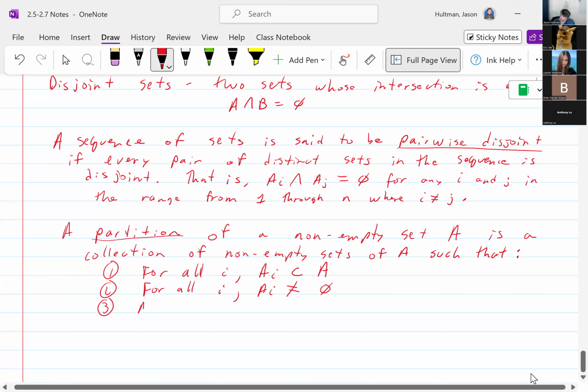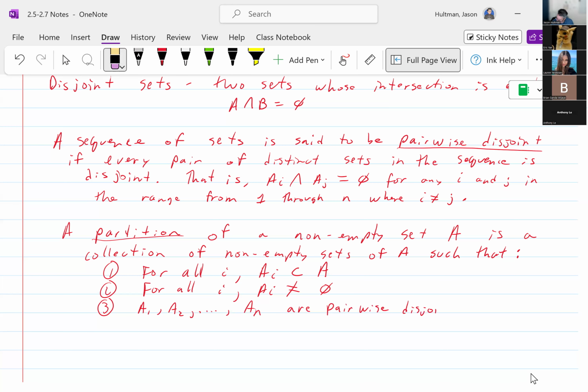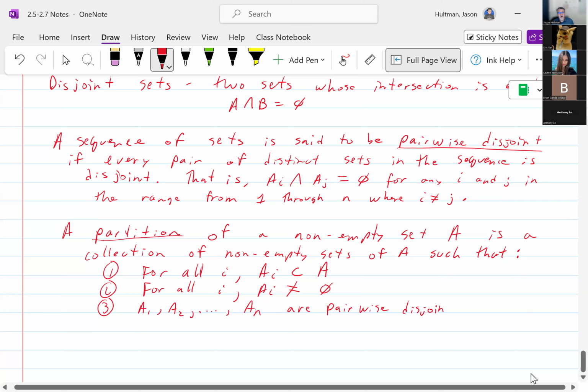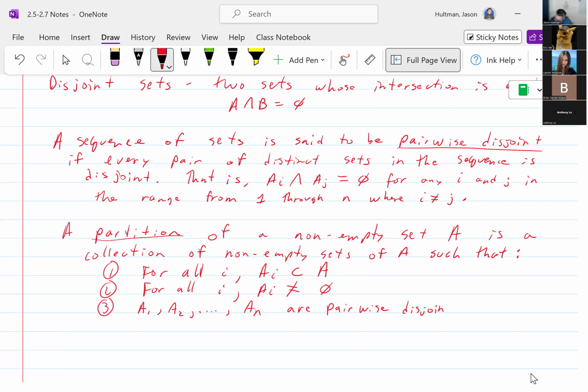Number three, A sub 1, A sub 2, through A sub n are pairwise disjoint. It means everything has distinct elements, and there are no repeated elements. Pairwise disjoint.